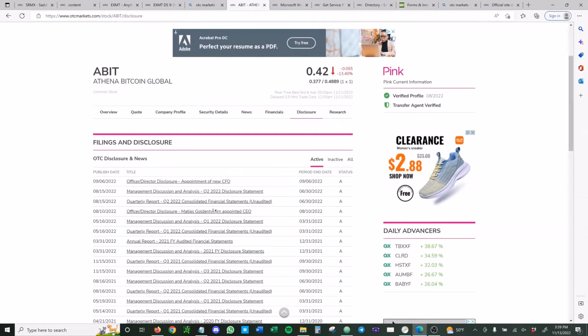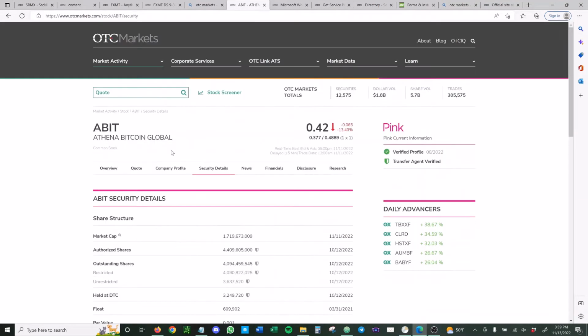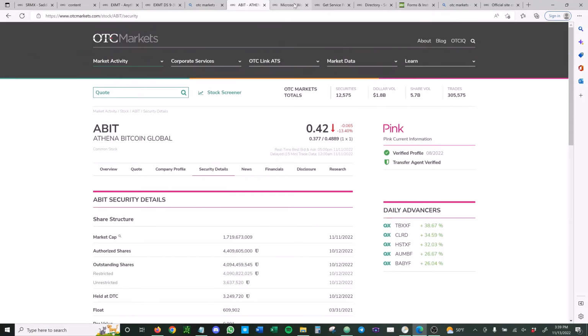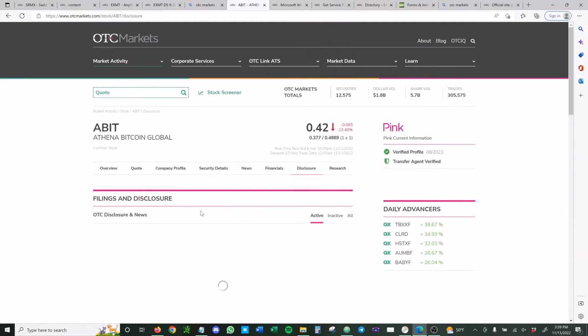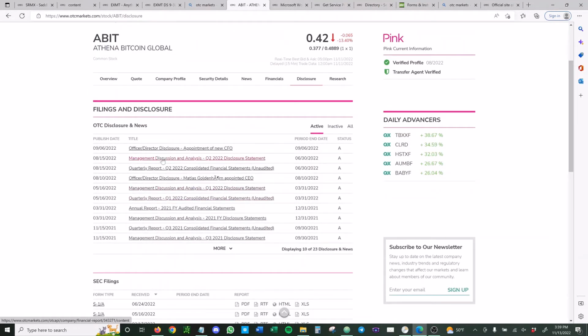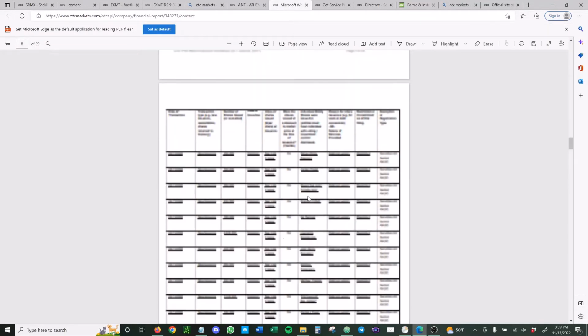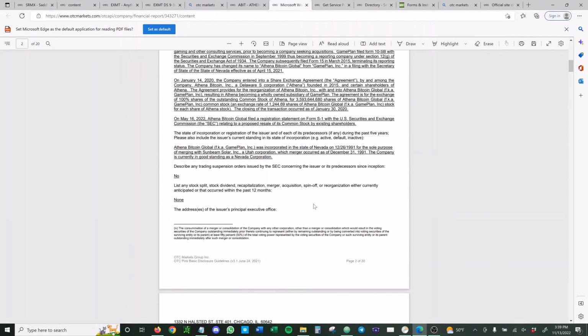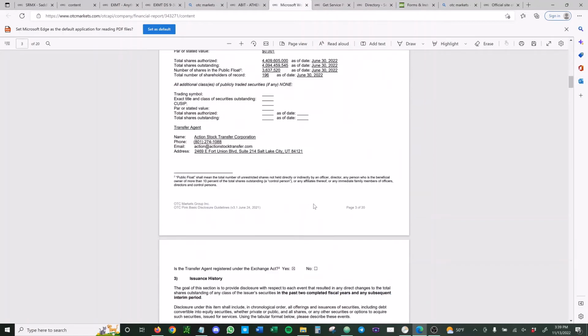So like ABIT, look, there's 4 billion restricted shares here. So we can take a look. I already pulled up the disclosure statement that'll say where all the shares are purchased from. You want to go to the disclosure statement just to see all the details about the shares in the quarterly and the annual reports.